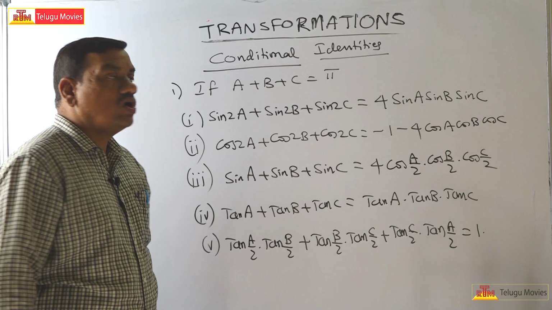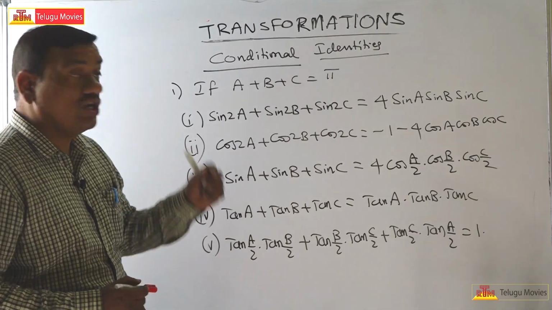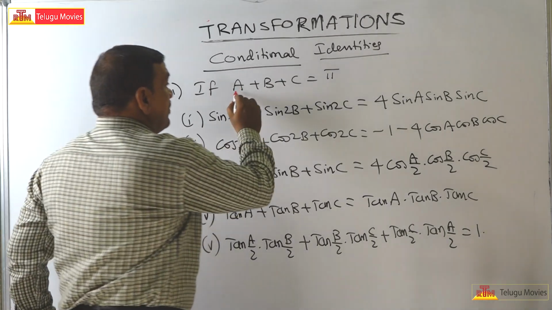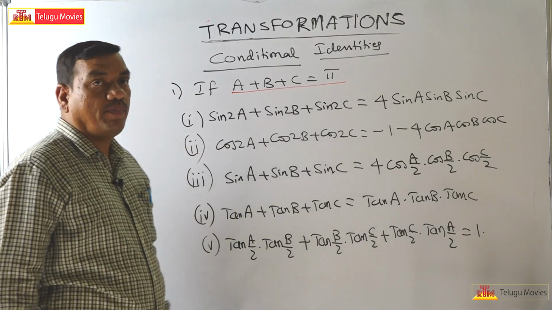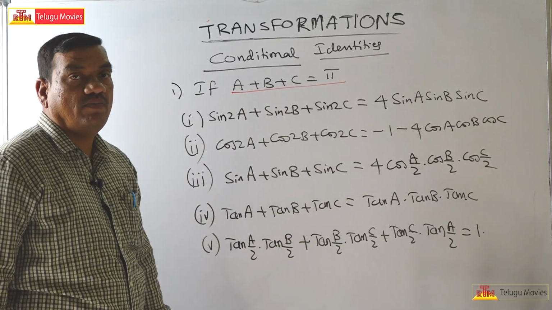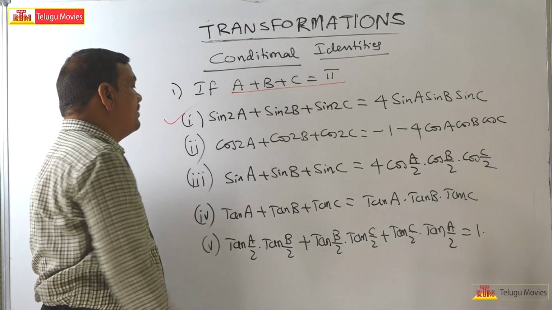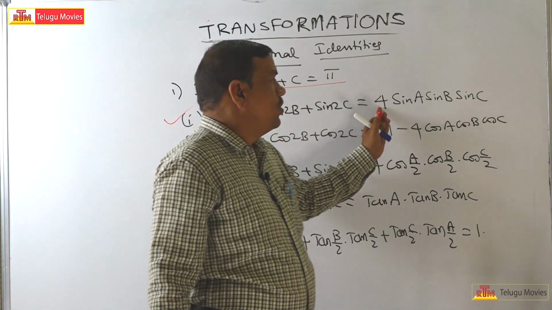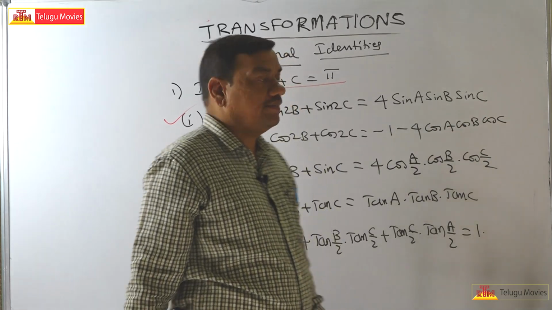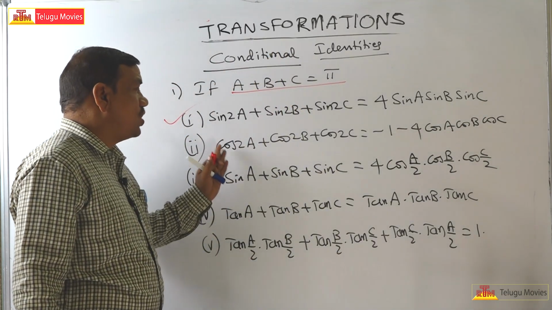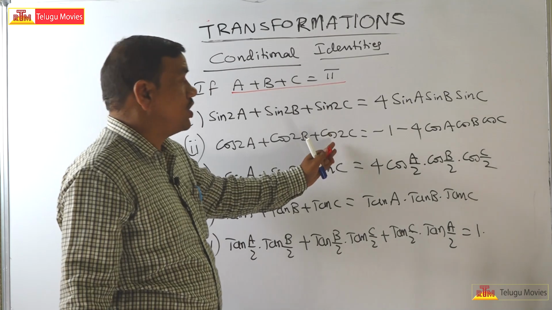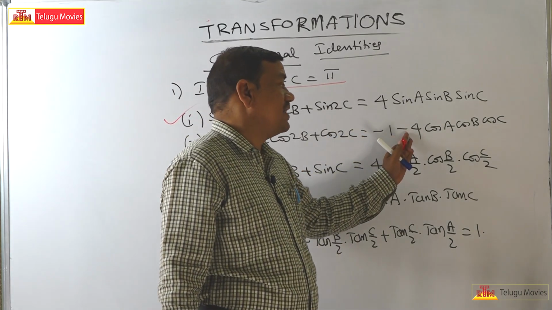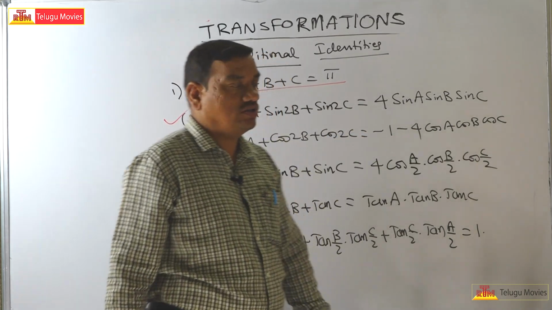These are all called conditional identities. Why? Because if a plus b plus c is equal to pi, then only these results will be valid. Already the first one I proved, sin 2a plus sin 2b plus sin 2c is equal to 4 sin a sin b sin c. The second one is cos 2a plus cos 2b plus cos 2c is equal to -1 minus 4 cos a cos b cos c.